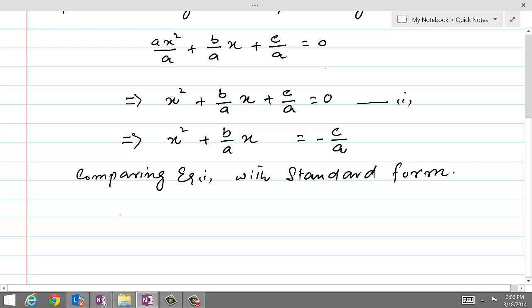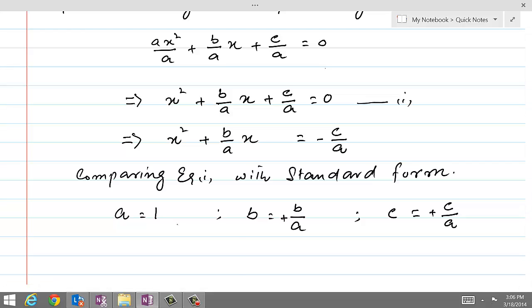What is a here? a is equal to 1. And what is b? The coefficient of x, that is b over a. And what is c? c is equal to plus c over a, if we include signs. After we divide the entire equation by a, the coefficient of x square is called a, the coefficient of x is called b, and the constant term is called c.